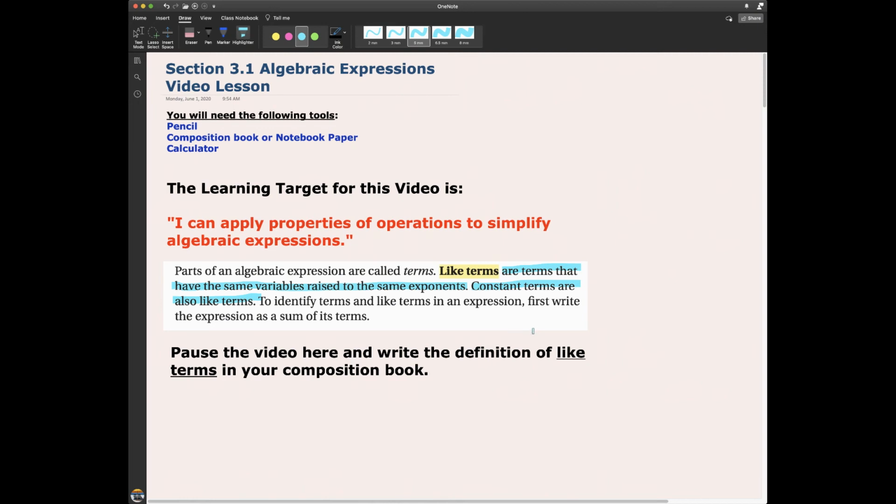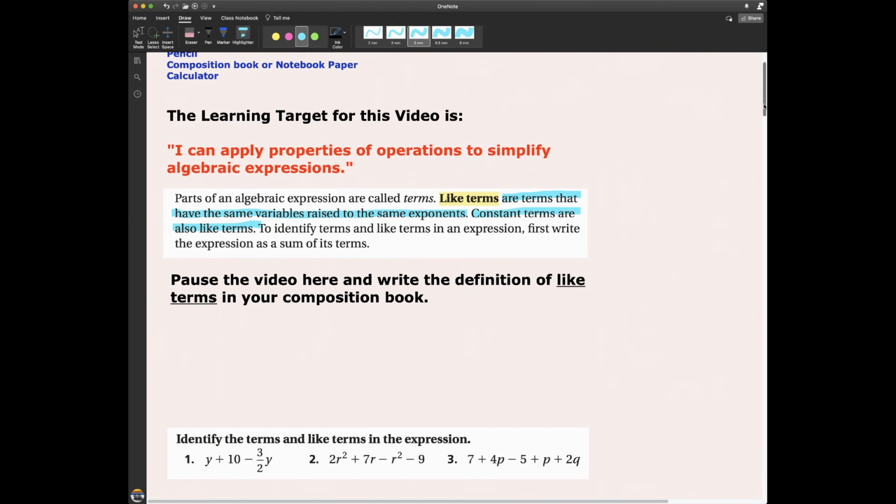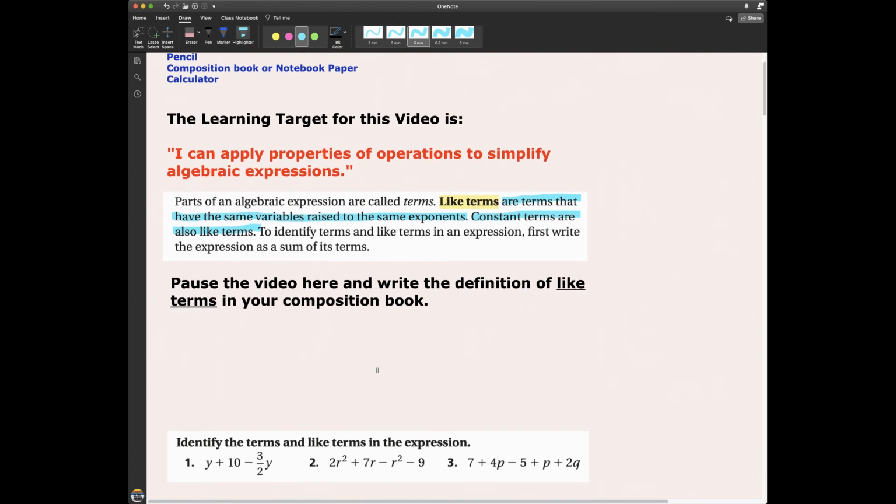Okay, now that you've got that written in your composition book, what am I talking about? Here's an example of terms that are like terms. Let me write some down. Let's see.